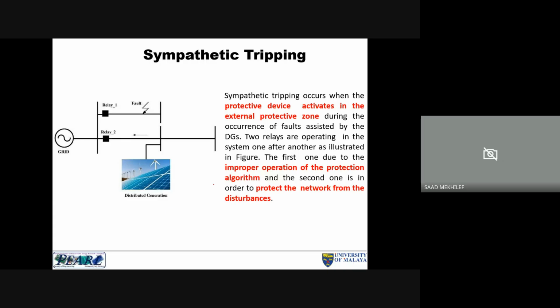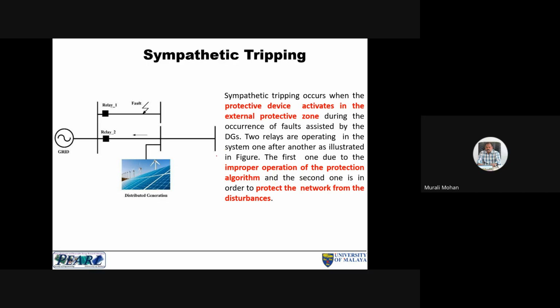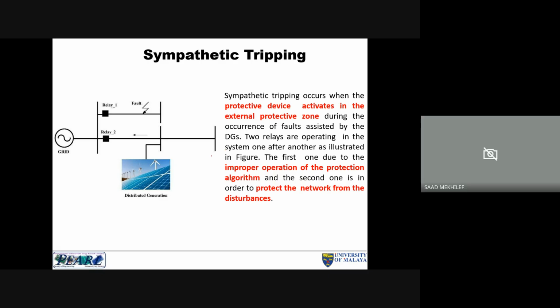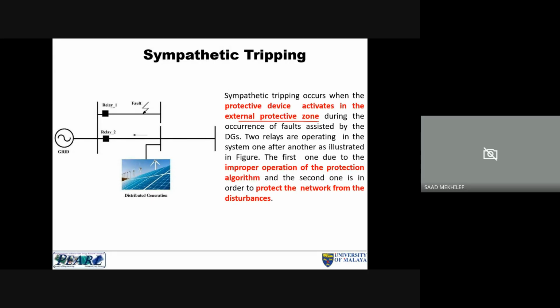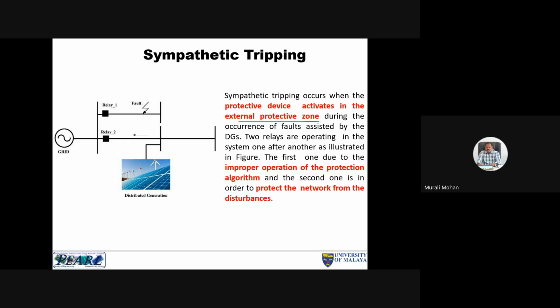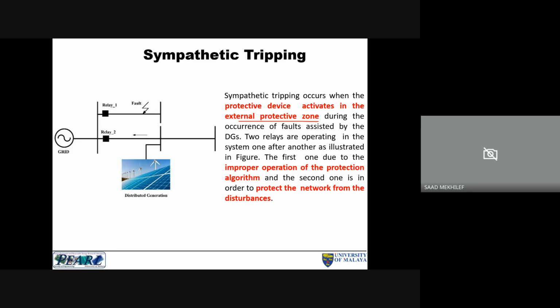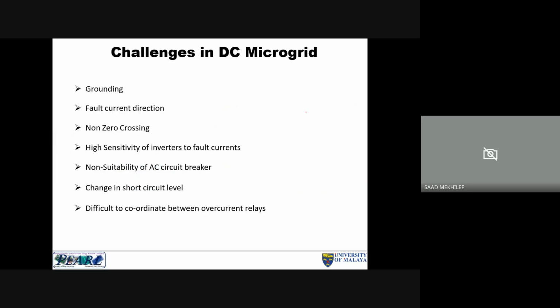Sympathetic tripping also: that's when tripping occurs because the protective device activates in an external protective zone, outside of its own zone of protection. So it's improper protection.